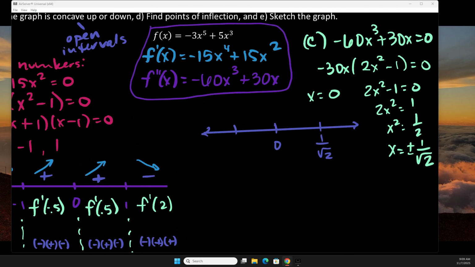To take the square root of a fraction, you just do the square root of the numerator, which will be 1, and the square root of the denominator, which I'm just going to leave as the square root of 2.